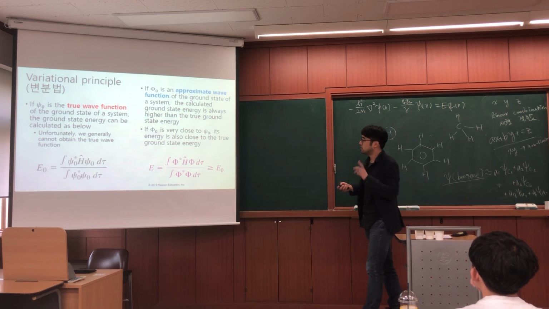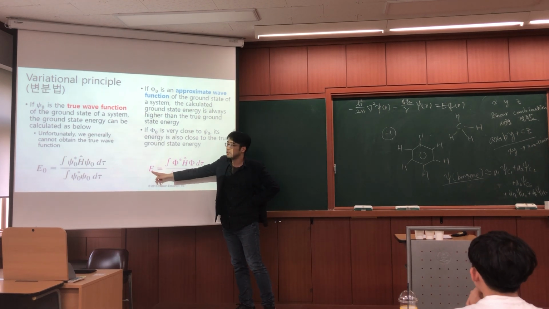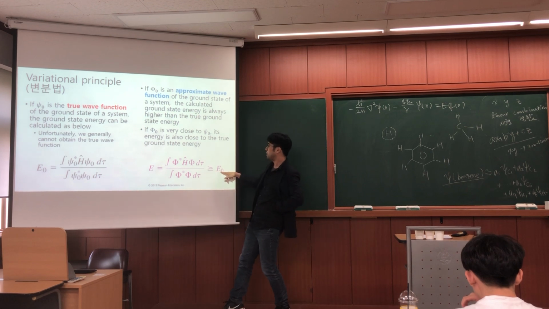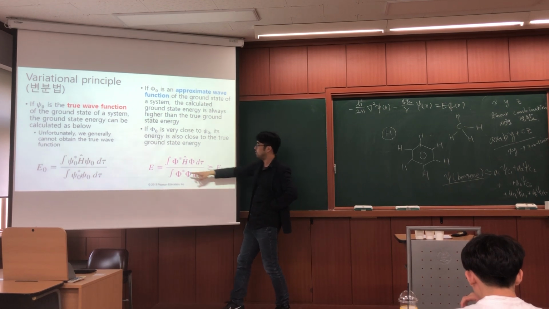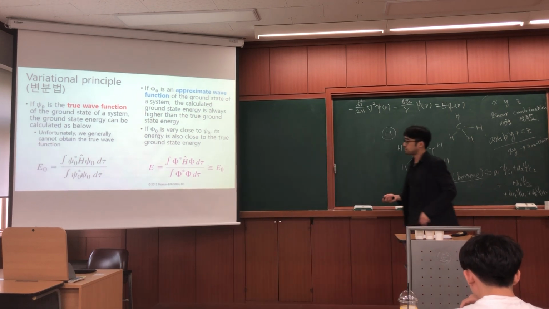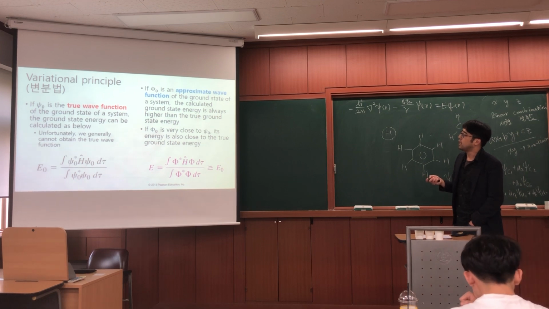In other words, if we can make this lower and lower, the lower bound of this value is E0. Also, if this phi, this approximate wave function, is very similar to the true wave function, then this E will be very similar to E0.